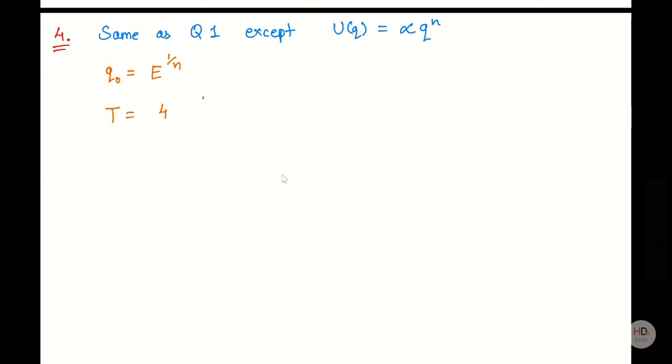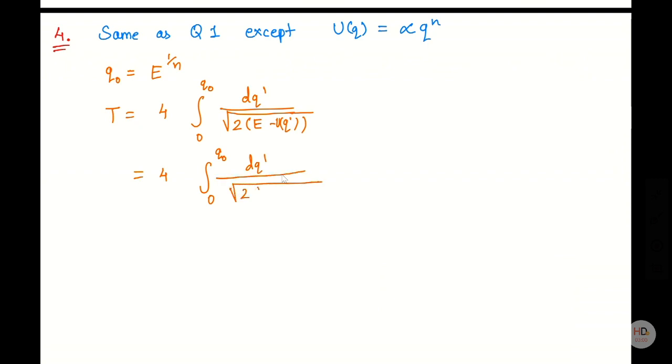Time period is 4 times the integral from 0 to q0 of dq prime divided by square root of 2 times e minus u of q prime, which is q prime raised to n.